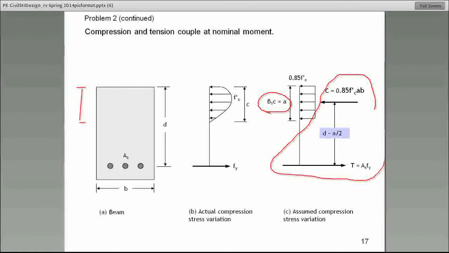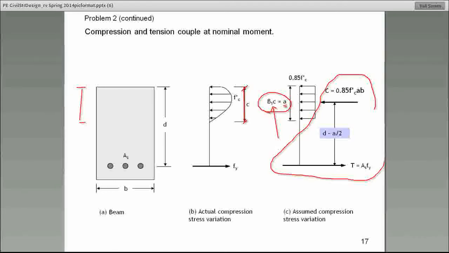Now, c is this distance. This is the distance from the top to the centroid. But lowercase a is not the distance to the centroid. It is related to it, but it's not the distance. a is equal to beta 1 times c.